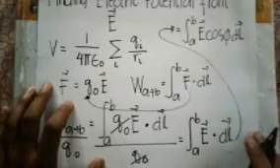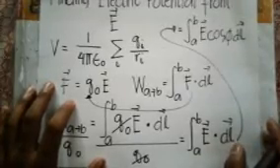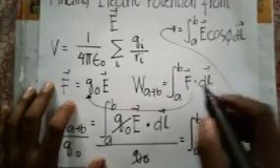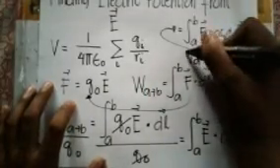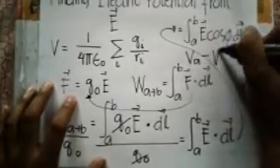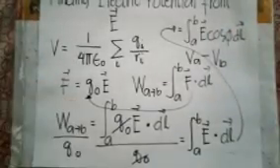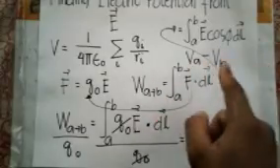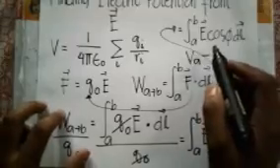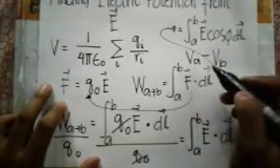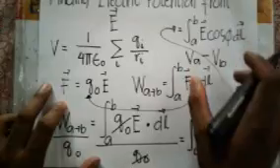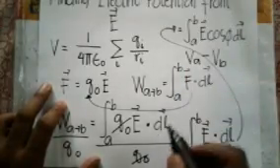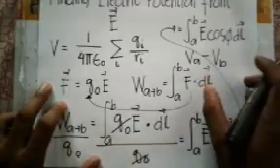Now, if we compare it to the potential at point A minus the potential at point B, this is the equation that we have obtained after we divide by q naught the equation for the work done by the force from point A to point B, equal to the negative change of our potential energy.